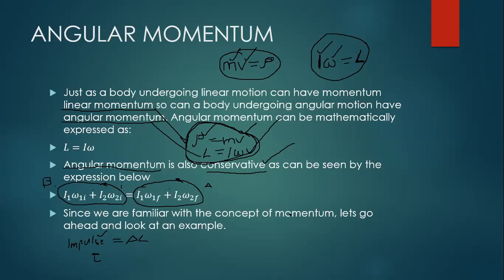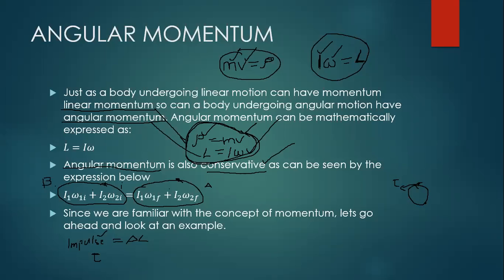which is when an object is in rotational motion, rotating like that. If we apply a torque that interferes with this motion, the motion of this object will change.